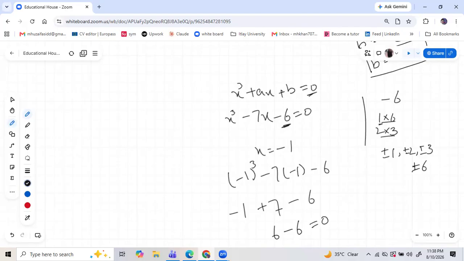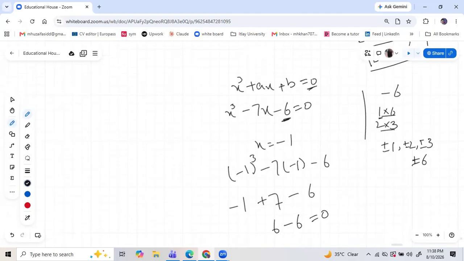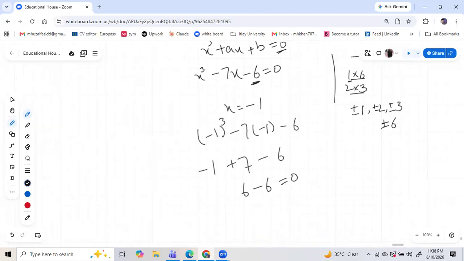Check it here. The whole equation is equal to 0. That means our factor is x minus 1. This one factor is okay. And how do we know? From the left-hand side we got the answer 0, and the left-hand side equals the right-hand side, and x is equal to minus 1.